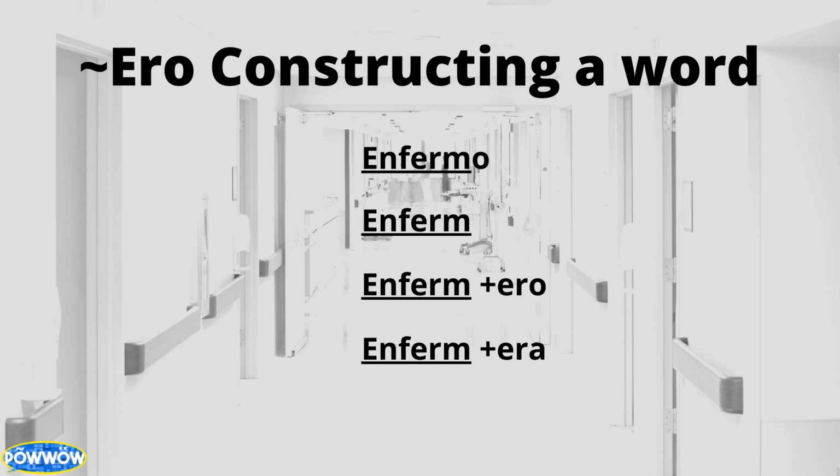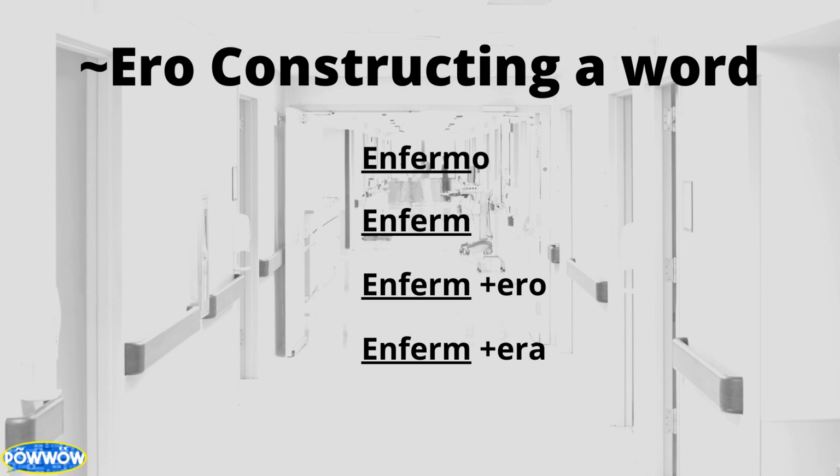So when we have this stem, enferm, then based on the gender, we add ero. And when we put this together, we have enfermero. Now, again, because the o refers to a masculine gender or male, this is our original. We have enfermero. And then for the female, we have the a.